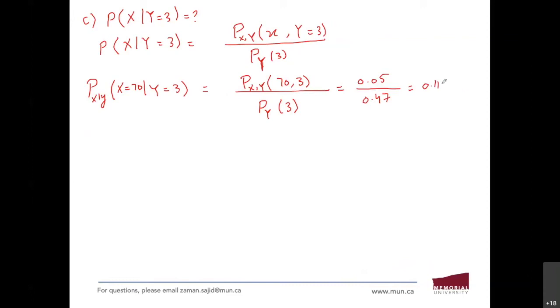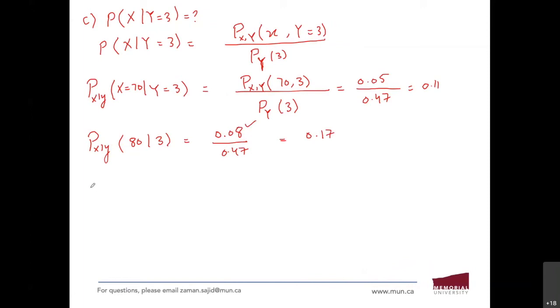Now with the same procedure, considering Y equal to 3 but changing the X values, we will find the rest of the conditional probabilities. At X equal to 80, Y equal to 3, I will just write down the final solutions here: 0.08 divided by 0.47. You will get 0.17. This is coming from the table.